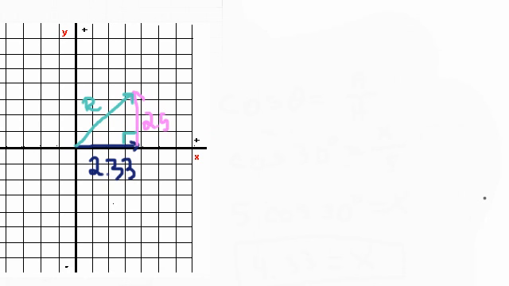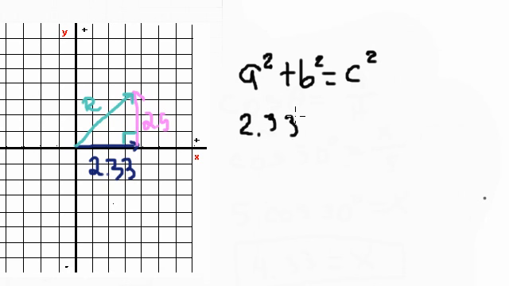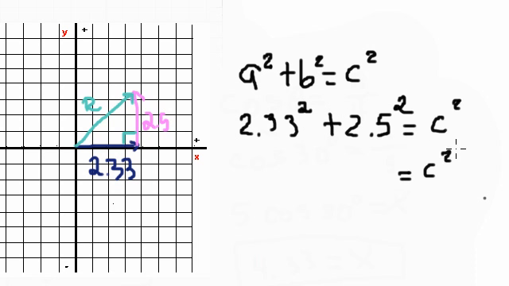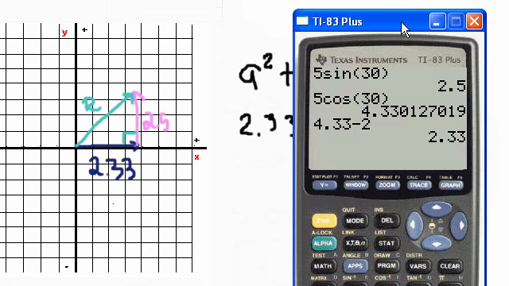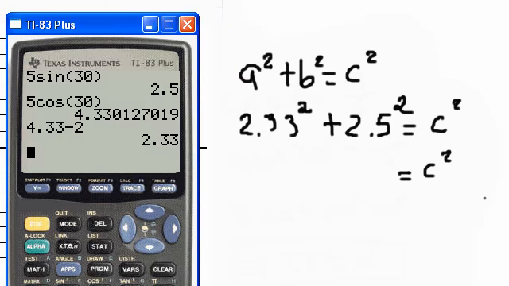Okay, so the Pythagorean theorem is a squared plus b squared is equal to c squared. A is going to be 2.33 meters per second squared, plus 2.5 meters per second squared is equal to c squared. So we're going to have 2.33 squared plus 2.5 squared.